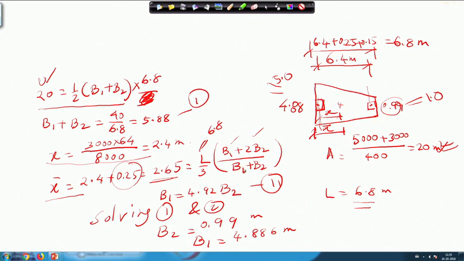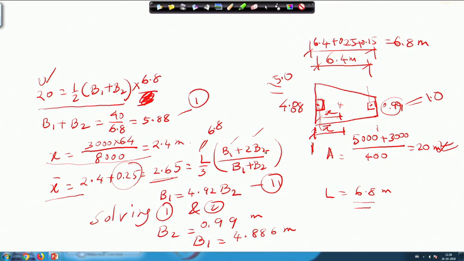So, that has to be remembered and carefully used, whether I am measuring from this side or from that side. If it is from this side, the equation becomes (B 2 plus 2 B 1) by (B 1 plus B 2) into L by 3. Since I am taking from this side, it is (B 1 plus 2 B 2) by (B 1 plus B 2).